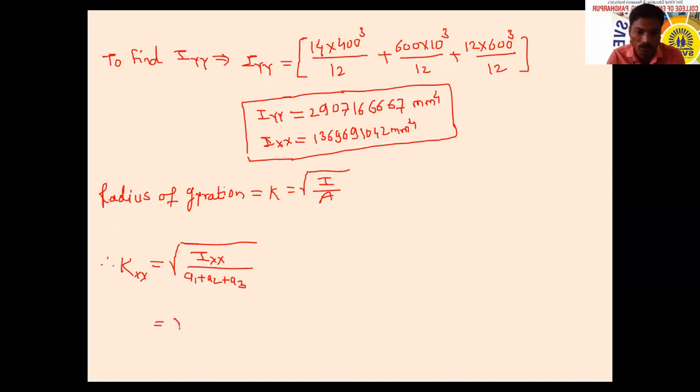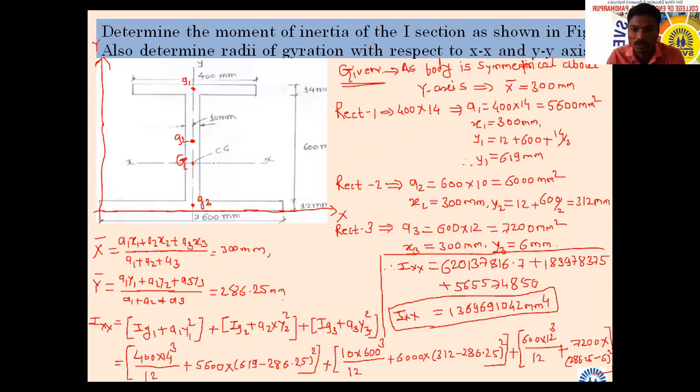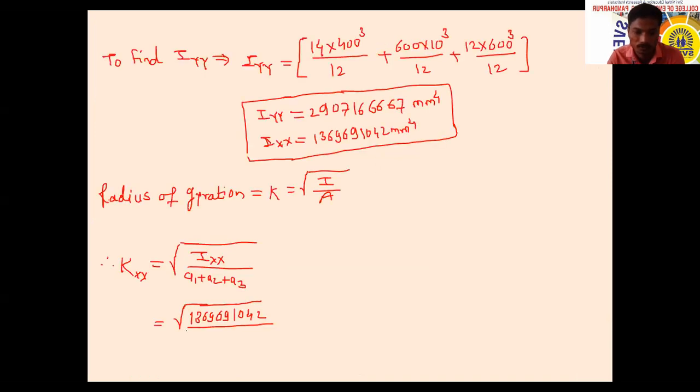So what is Ixx? We know. 1369 69 10 4 2 divided by total area. Can someone tell me what is that? 5600 plus 6000 plus 7200.